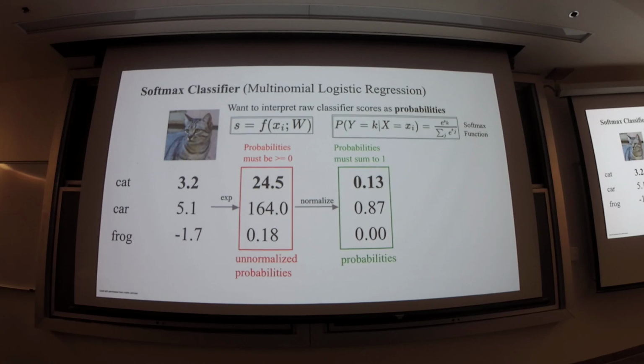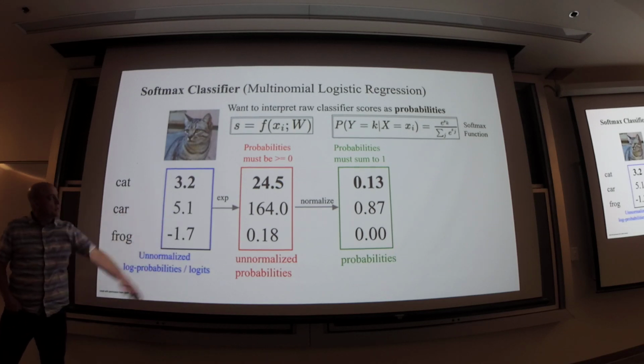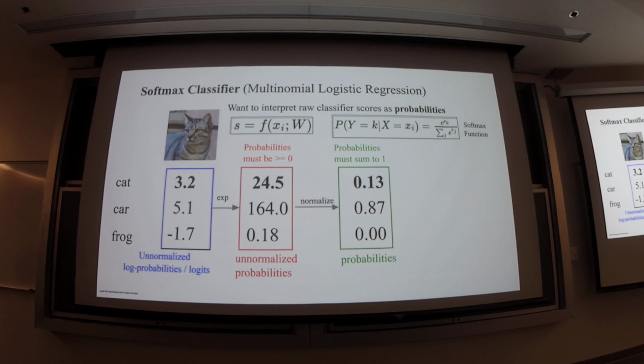If we can put these things in probabilistic terms, then we often have more ways of reasoning about the problem, and that gives us more tools to work with. In this case, these original scores coming out are sometimes known as log probabilities. You might have seen that before in statistics.